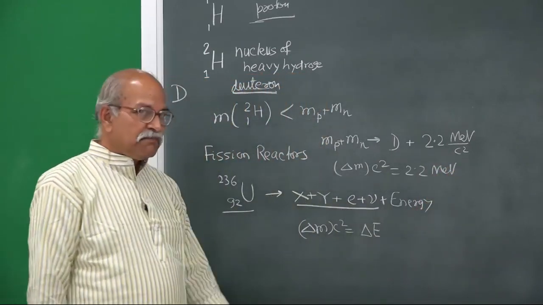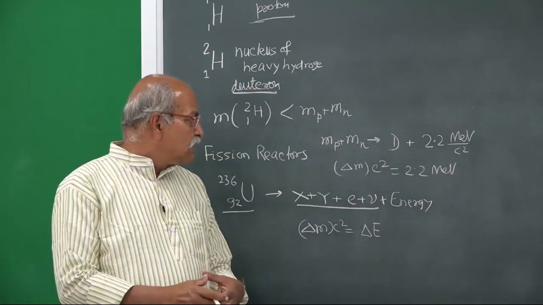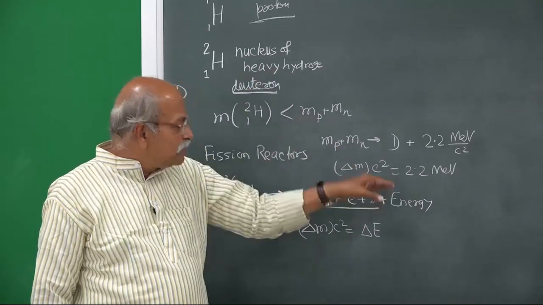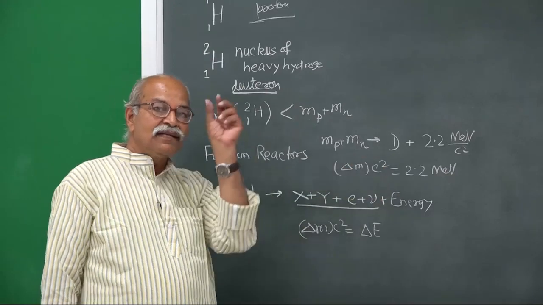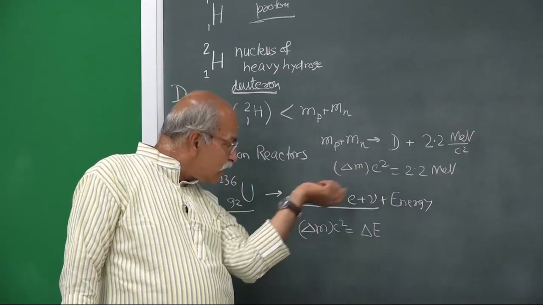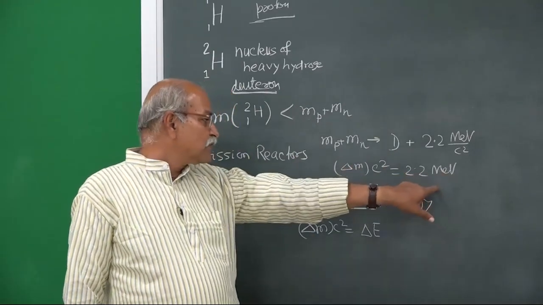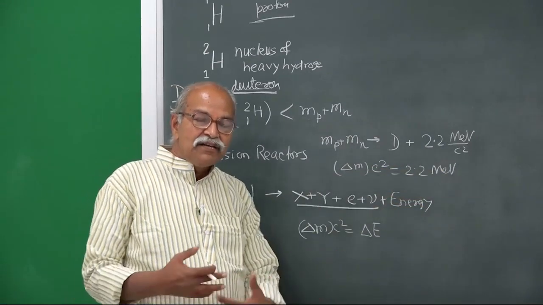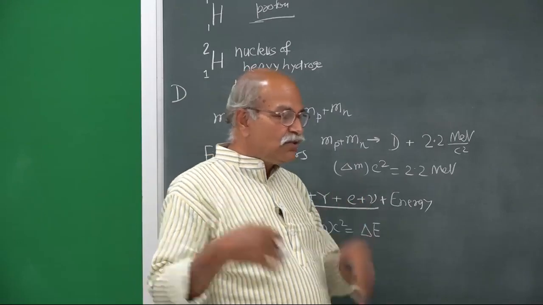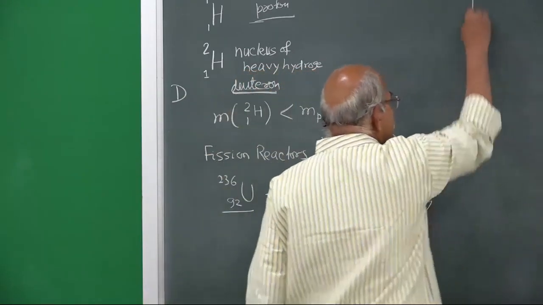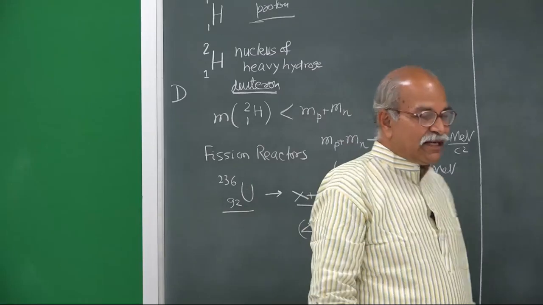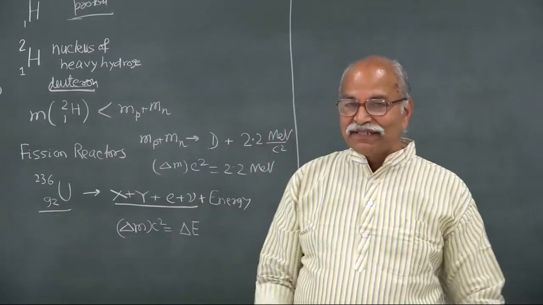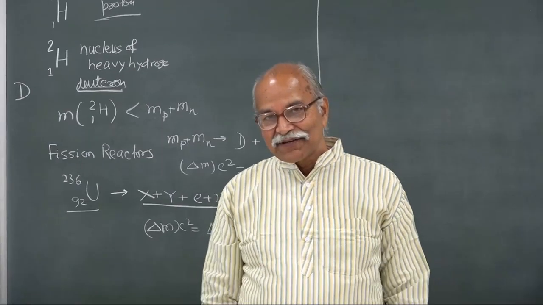If I am making a deuteron out of proton and neutron, I am reducing the rest mass, and that reduction in rest mass is made available in the form of energy, which is 2.2 MeV. So, that kind of mass energy conversion goes on very regularly. You heat the object, you do a chemical reaction, and mass energy conversions are always there.